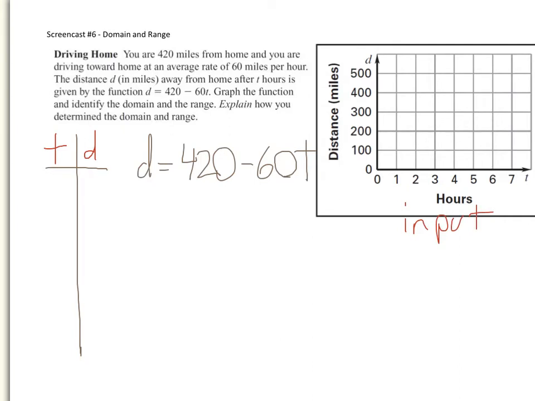And anything along the y-axis, like here, the distance, which of course is called d according to this problem, that's going to be our output. Knowing this, we're able to set up our table thusly. t and d. So our input values, t, time, on the left, and our distance, how much distance we have left, on the right.